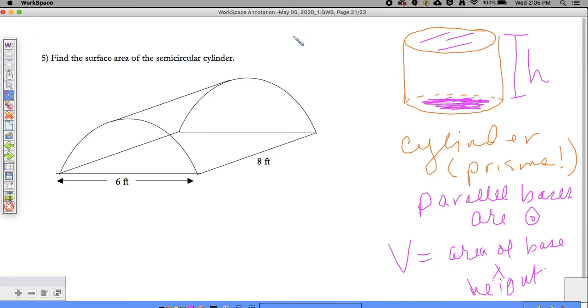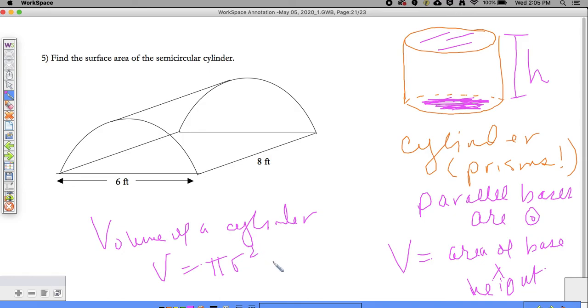And that's why the volume of a cylinder is equal to pi r squared, because that's the area of your base, times your height, right? That's the area of the base times your height.